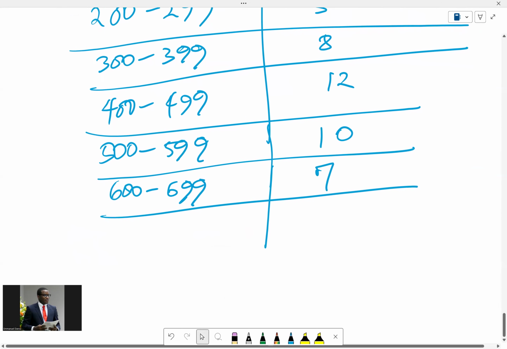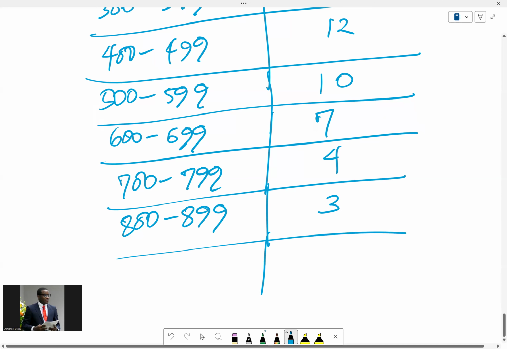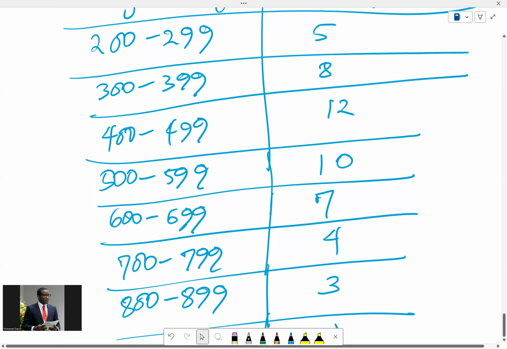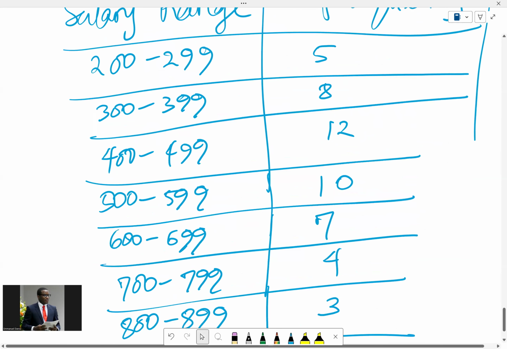Then we have 700 to 799, we have 4 people. We have 800 to 899 with 3 people. And lastly, 900 to 999, one person earns that, maybe the CEO or something.